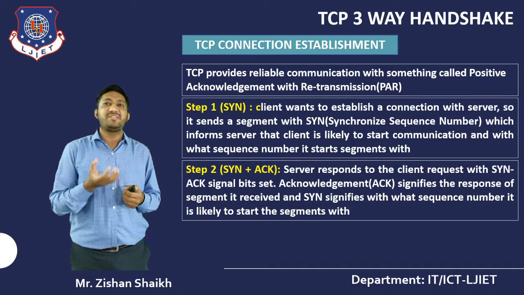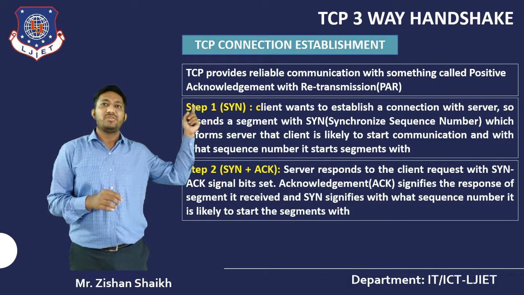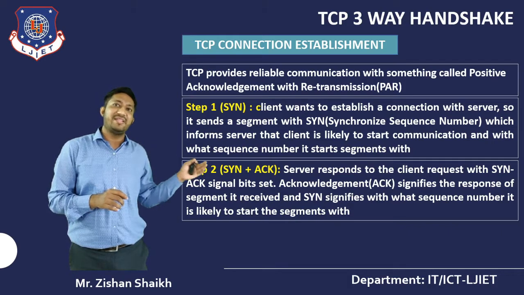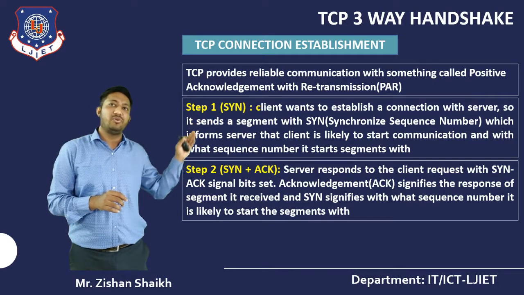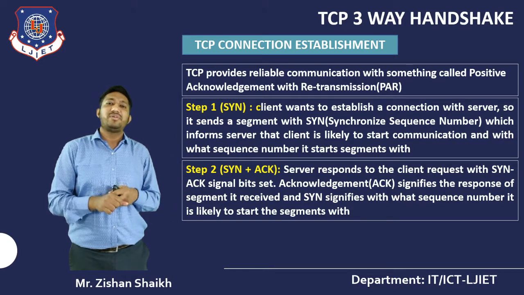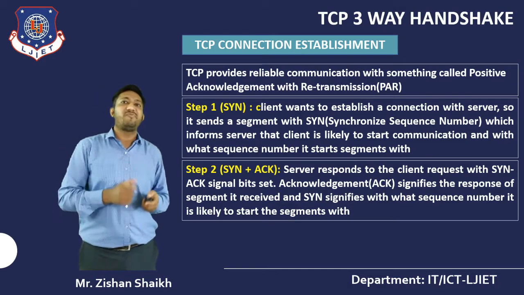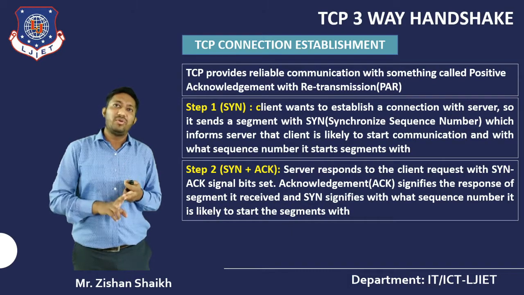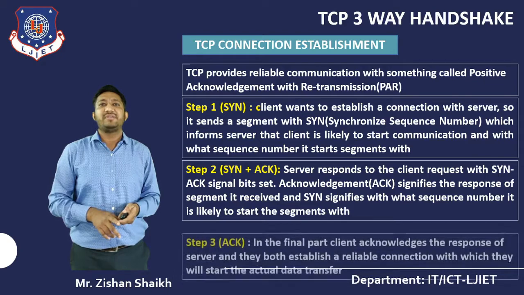Which segment is received by the server? The synchronization message from step number 1. So in response it sends the acknowledgement, which tells that I have successfully received the synchronization message of the client, and it also sends the sequence number that is expected in the next frame. So in step number 2, the server sends two signals: a synchronization signal and an acknowledgement signal.